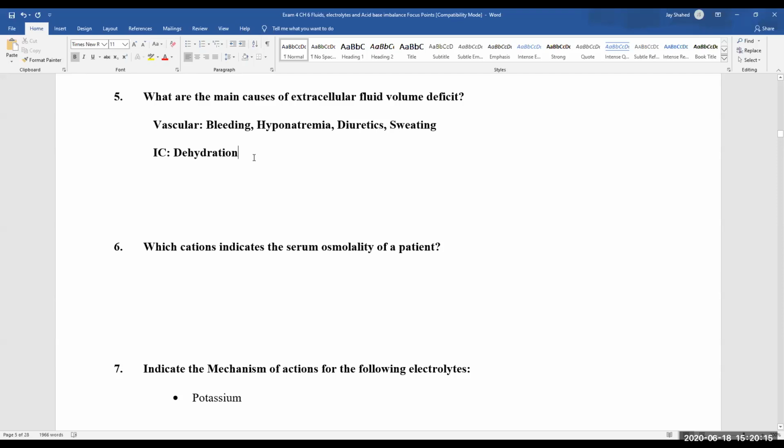What about the cells? Are you going to lose fluid from them to go into the interstitial? Yes. So it's a continuous process, isn't it? So your body's trying to compensate by moving fluid from the intracellular to interstitial to the vascular. So dehydration is one.